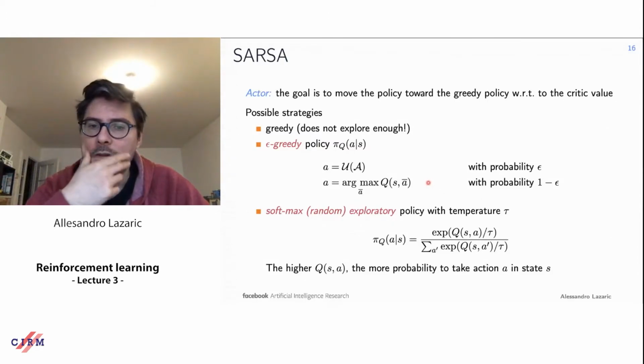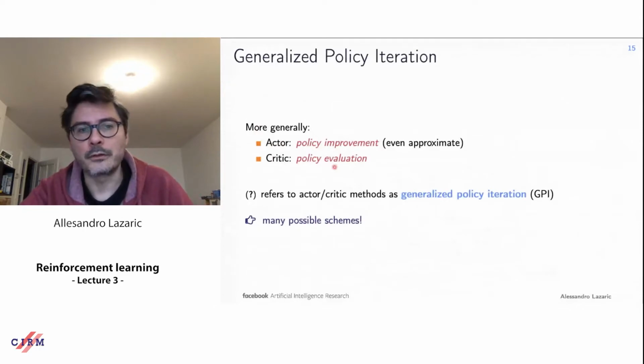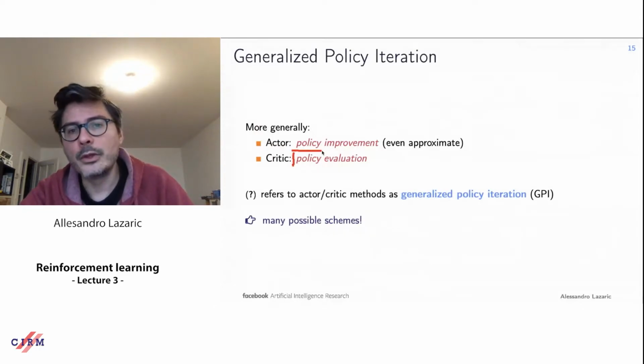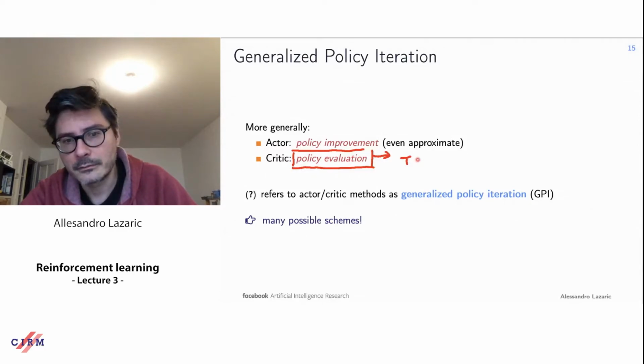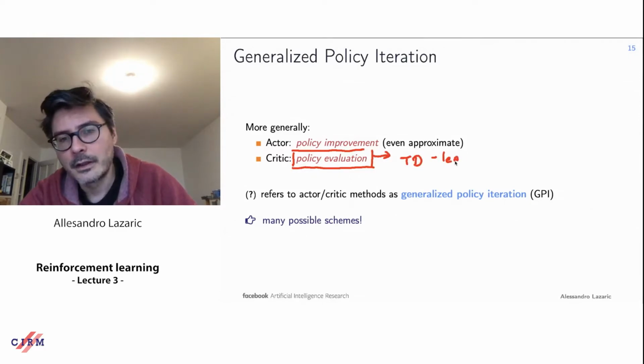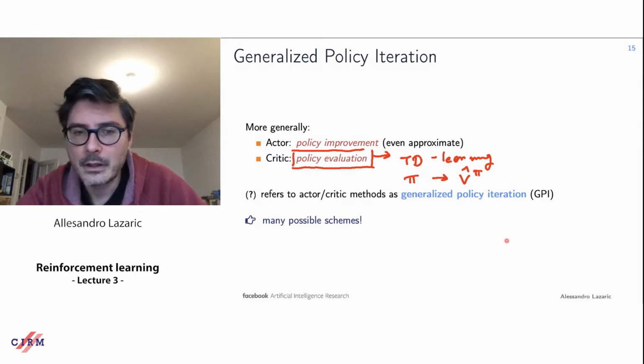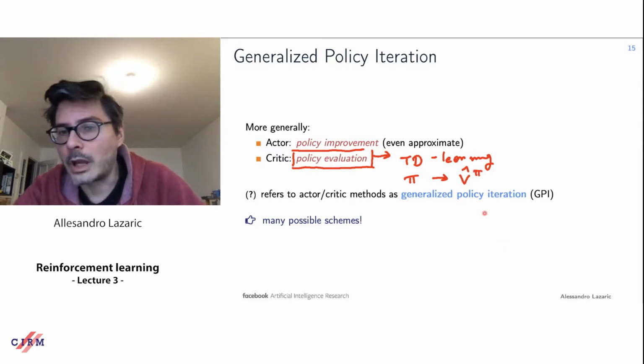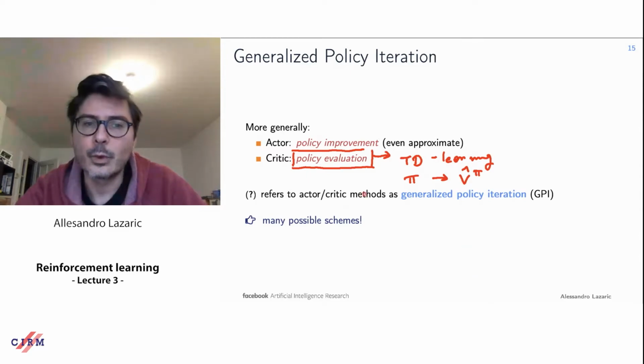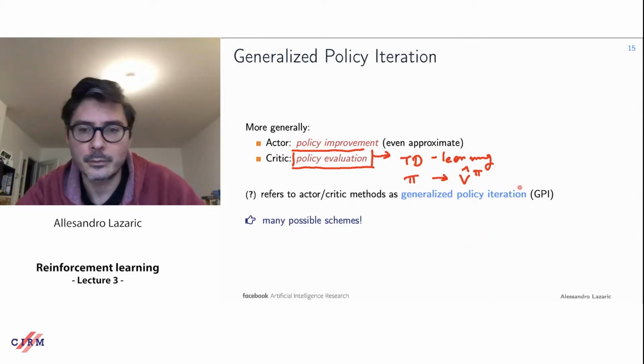Okay, so the critic part, which is doing policy evaluation, by now we know how to do it from samples. TD learning says, give me a policy as input, and I will try to estimate how well it performs. So I'm pretty well equipped on the policy evaluation step.